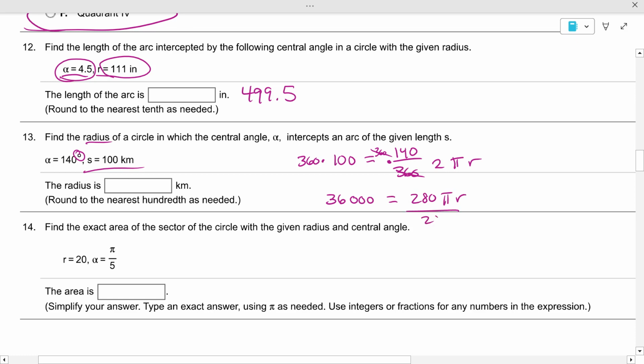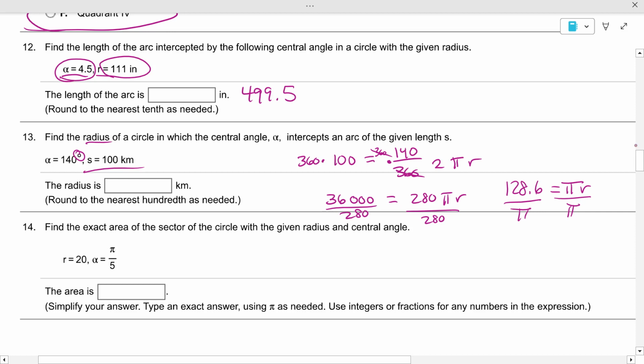So next I'll divide by 280. Whatever that is, pi r equals whatever 36,000 divided by 280 is. 128.6, and then I'll divide each side by pi. Don't divide by 280 pi without using parentheses, or else you'll get this wrong.